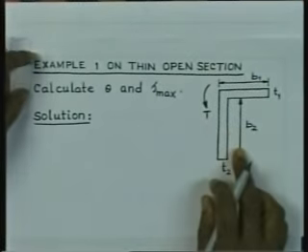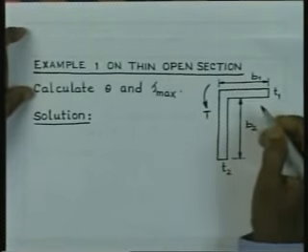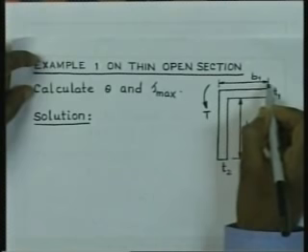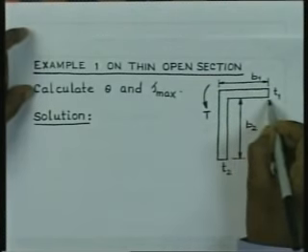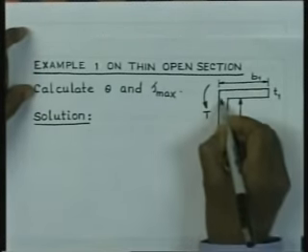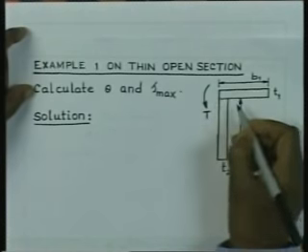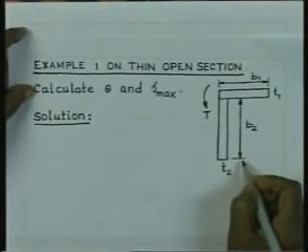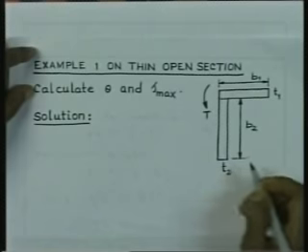First, let us consider this example 1 on this type of section. So, here we have this portion of length equal to B1, this is thickness T1, and let us say that the remaining portion is B2 in height and T2 is the thickness.